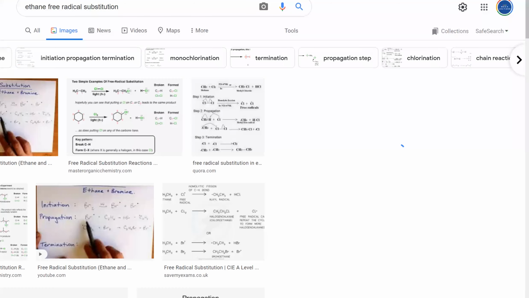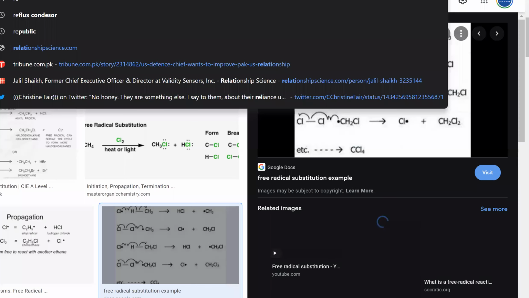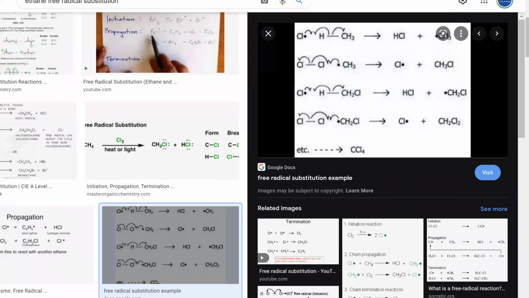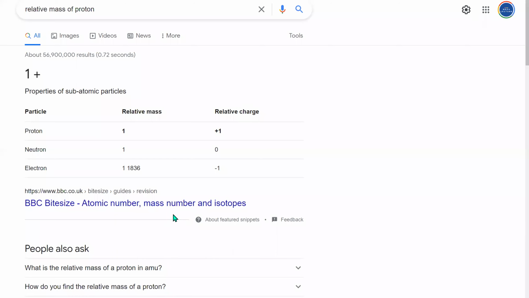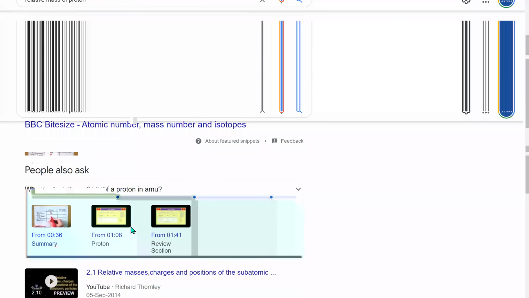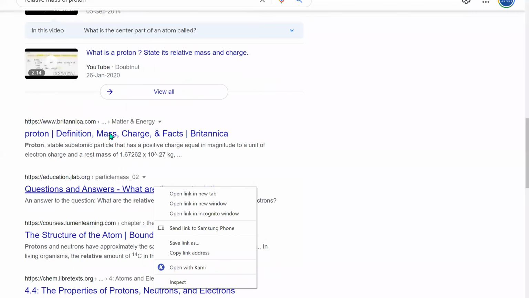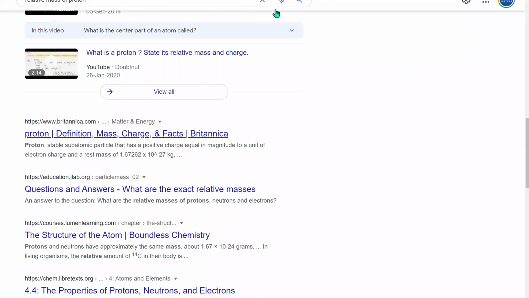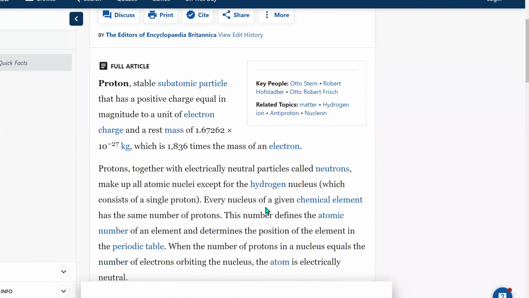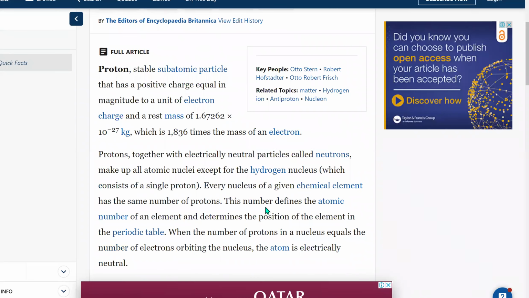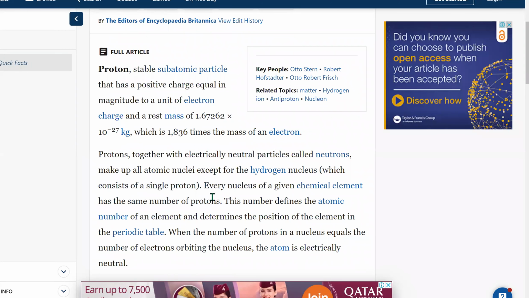Maybe I can find the relative mass here. This is just O-levels. For example, this one, I think this is Britannica. For example, this one gives the rest mass of the proton.